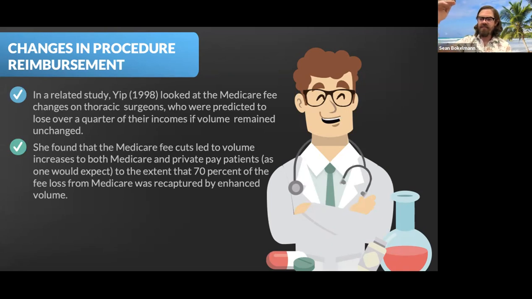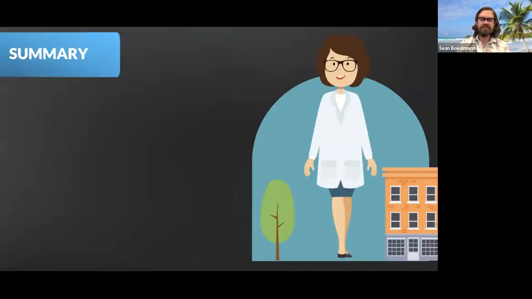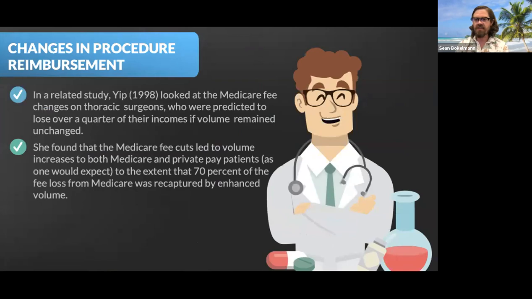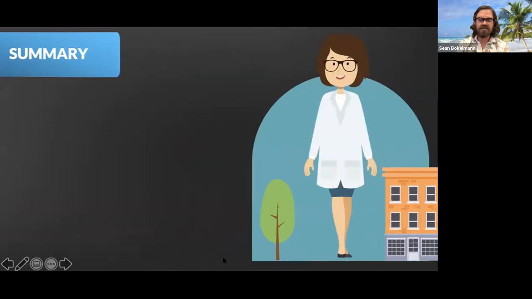When Medicare fees were reduced, doctors basically compensated by increasing not only Medicare patients, but also private pay patients. This was done to the extent that 70% of the fee loss from Medicare was recaptured. So they were able to recapture 70% of the lost income by increasing volume. That's a pretty strong indication of induced demand, particularly because of the increase in volume regarding private patients.